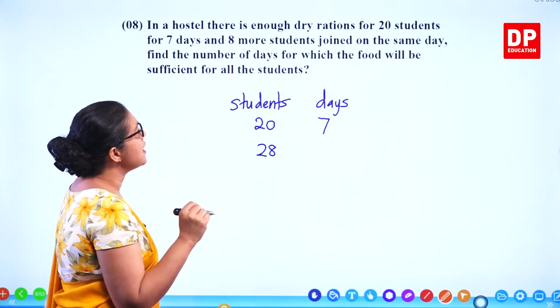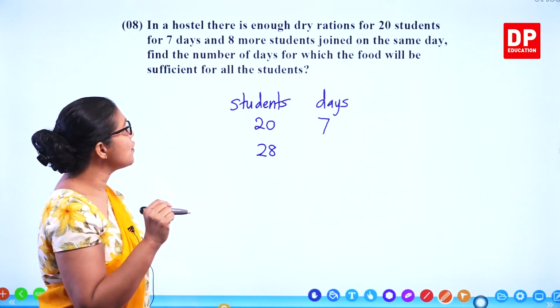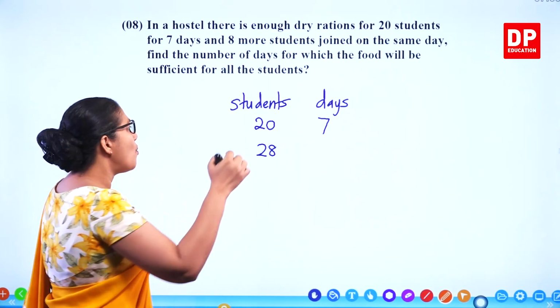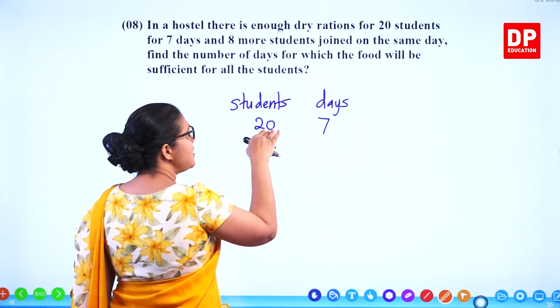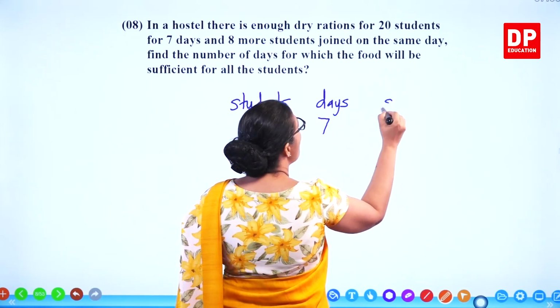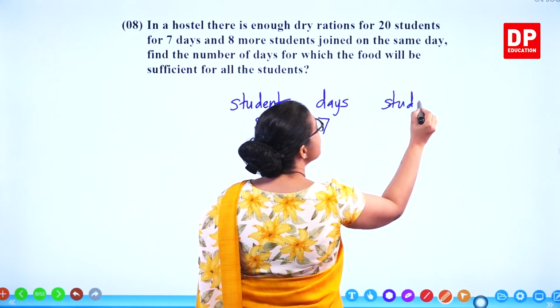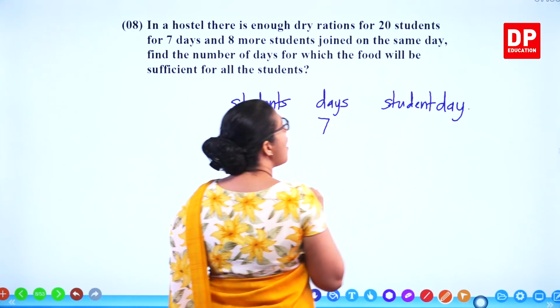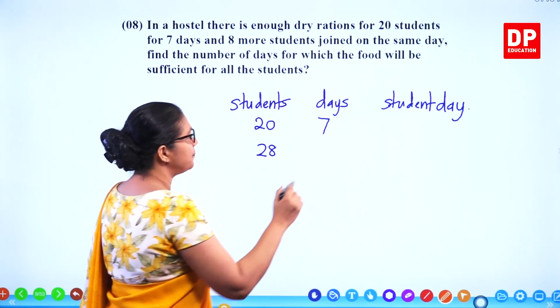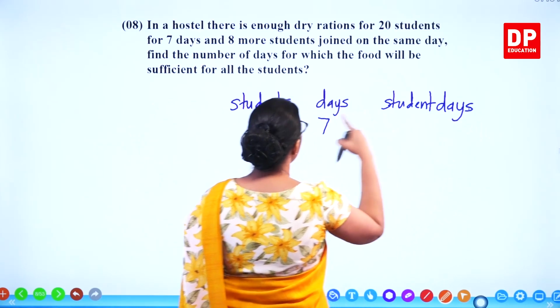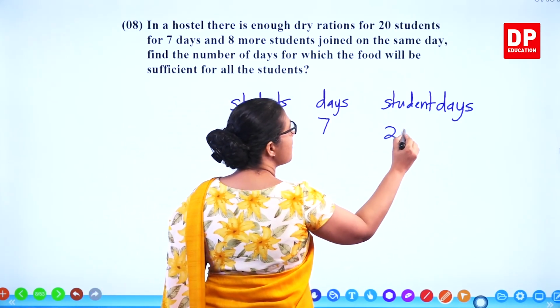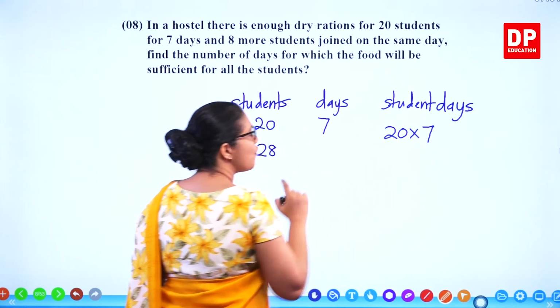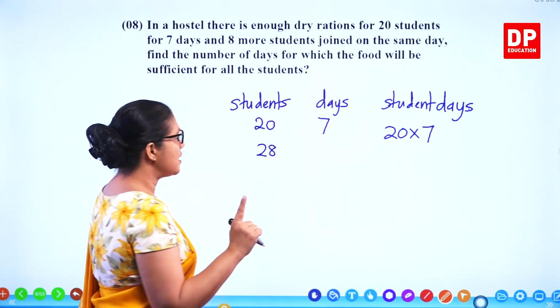Find the number of days for which the food will be sufficient for all the students. Now, if there were 20, what is the student days? You can find how many student days there are. 20 times 7. So that's sufficient for 20 times 7 student days.